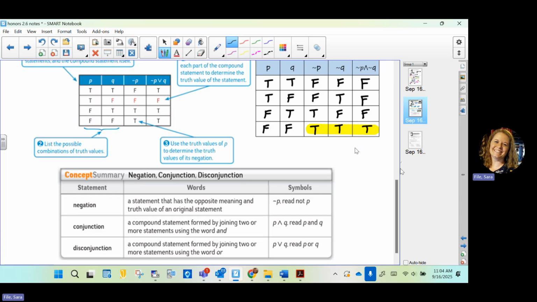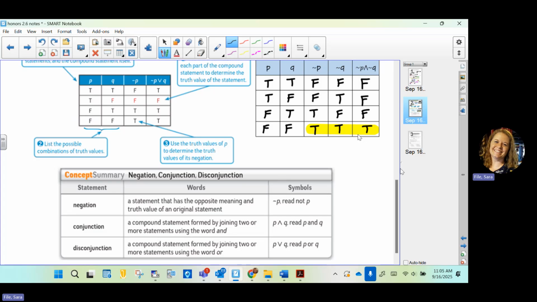I hear some good conversations happening at some tables, so I just want to help reiterate. Remember, the tilde is the negation. We know that means not. It's going to be the opposite. When we're talking about whether or not the compound statement is true or false, the compound statement either has an and or an or. And means both.